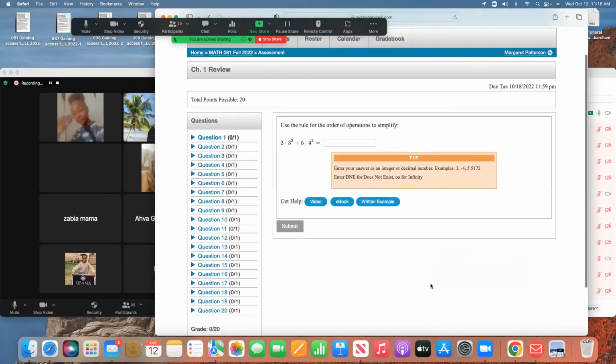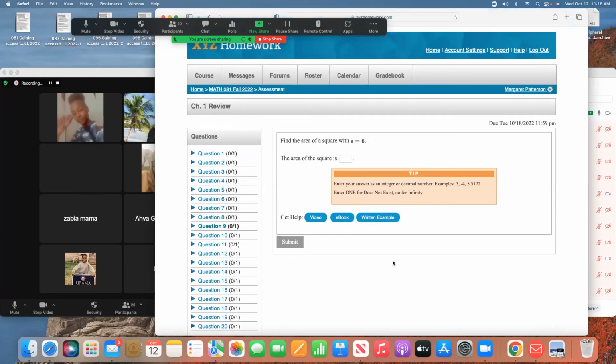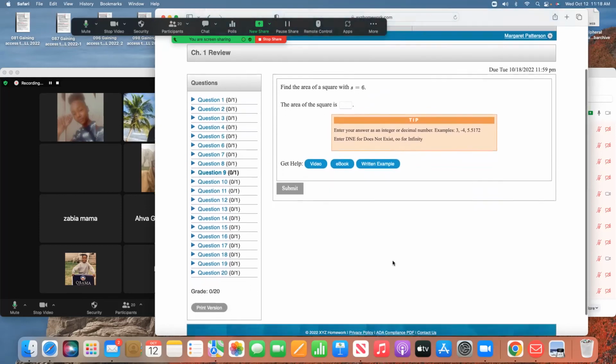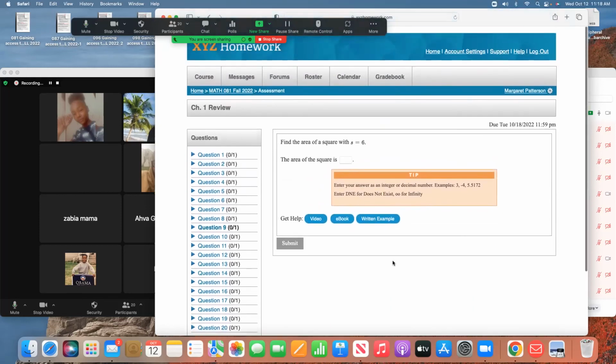It's a whole bunch of different problems from what we have done already. This one's using exponents, and this is order of operations. This was in chapter 1. There's a whole bunch, and you just work through these.